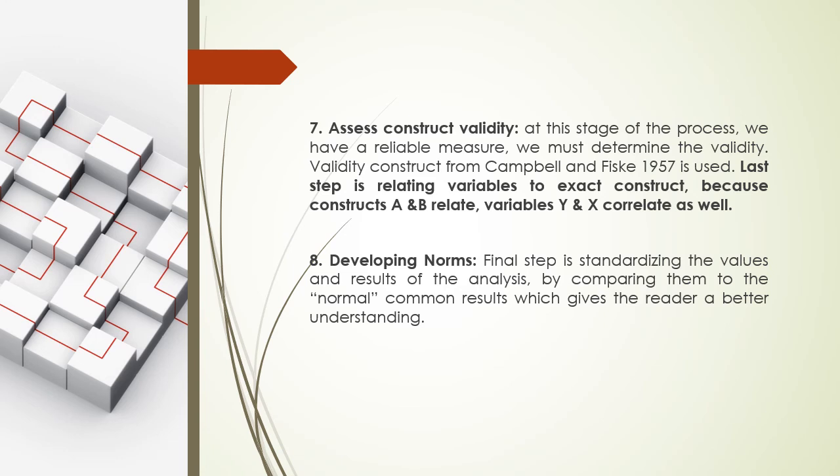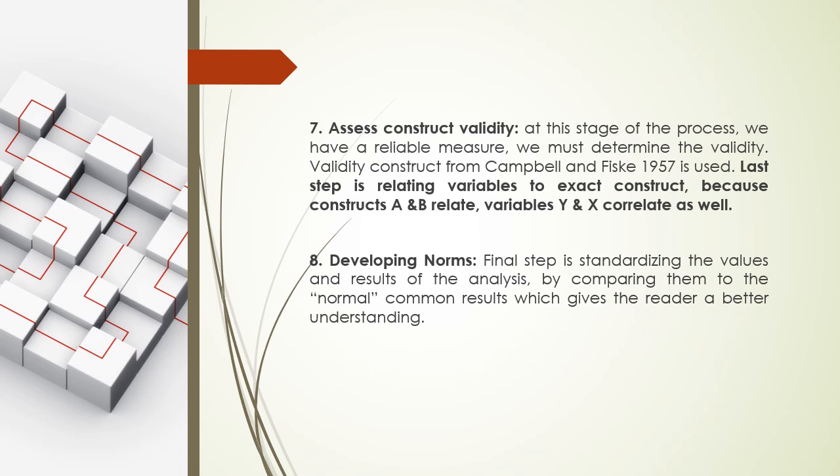So we do that by comparing two constructs that are related, and then we look at their variables and we are hoping for the variables to correlate, which is another step of validity that they added in this research to make sure that there's no randomness in the generation of this conclusion.